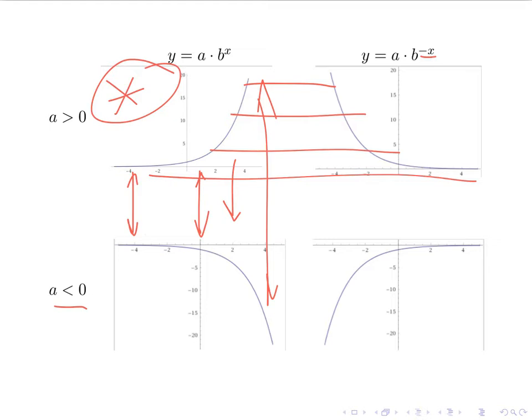So if I make my coefficient negative, I'm flipping across the x-axis, or upside down. If I make my exponent negative, then I'm flipping across the y-axis, or sideways. If I make them both negative, which is down here, I've done both. I flipped it across the x-axis, and I flipped it across the y-axis.